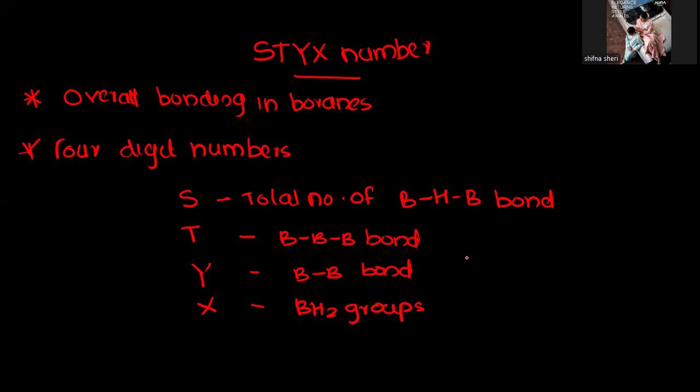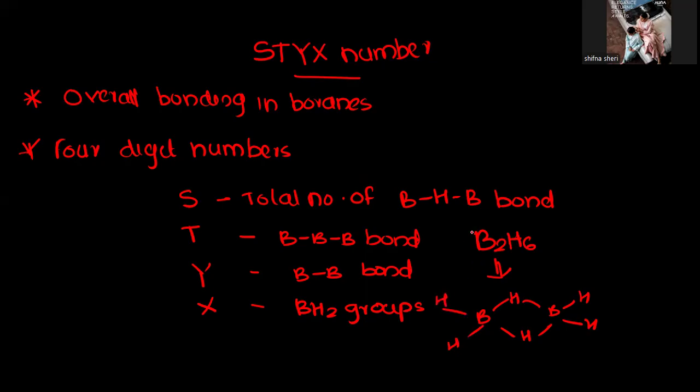Can we do an example? As we know, a very familiar borane is B2H6. We all have heard about this. It is very easy, so we can draw this structure without knowing its bonding or the styx numbers, because we know its structure.